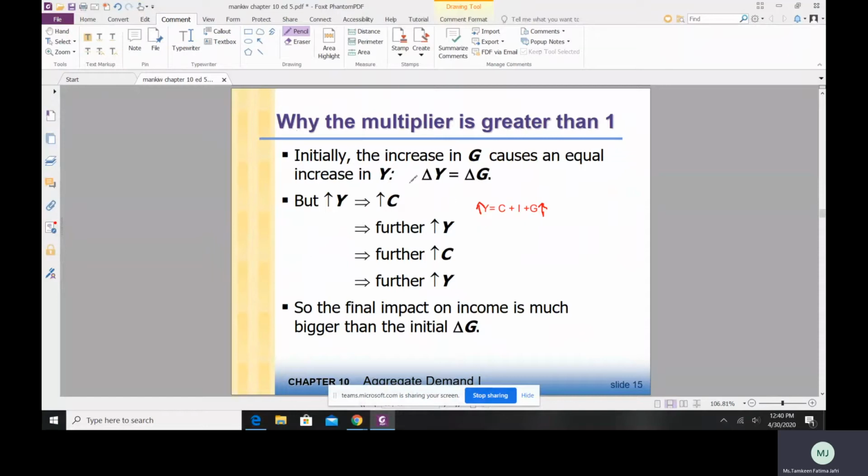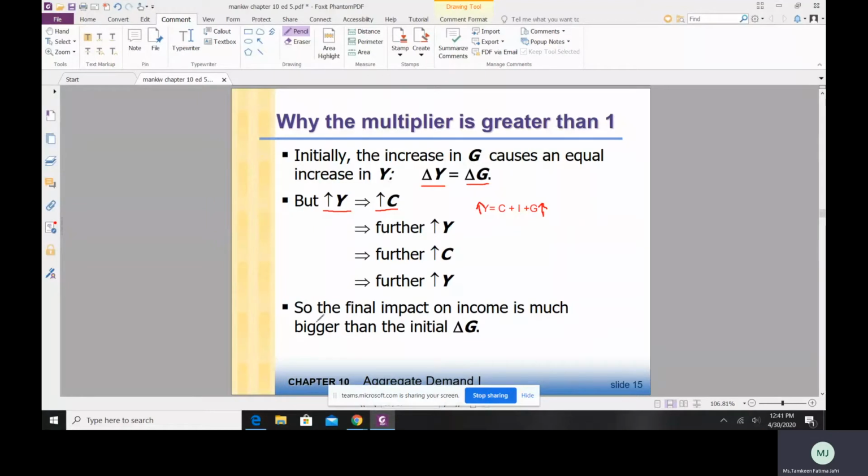ये चीज यहाँ explain भी हुई है कि देखिए, initially change in G will be followed by an equal change in Y. But when Y increases, C will increase, which further increases Y, which further increases C, which further increases Y. So this is an infinite cycle which will continue.